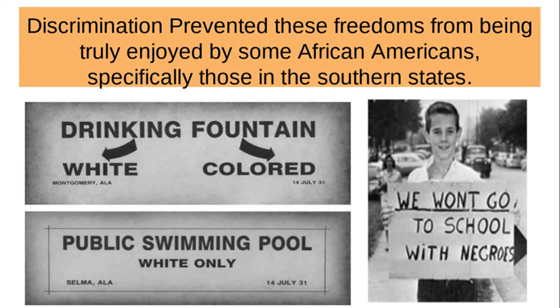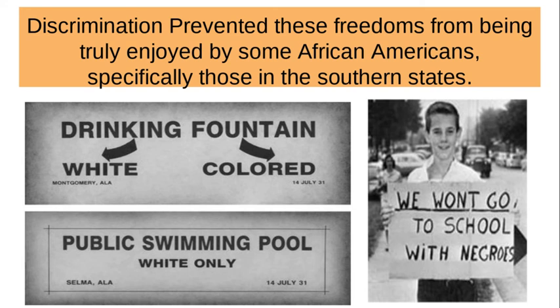It's crazy, but for like 100 years, these amendments did exist, but they weren't able to actually be enjoyed because specific state laws made discrimination legal, which prevented African Americans from truly being able to have these freedoms.